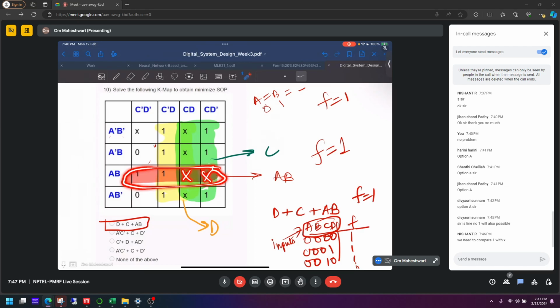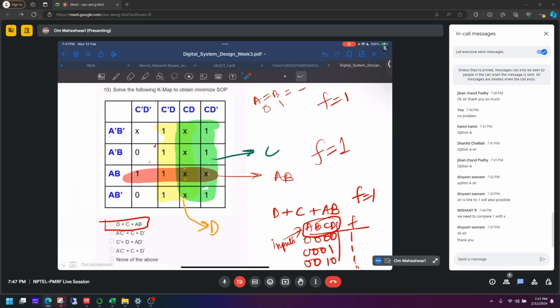But here all the ones are already covered, so we do not need to make this. It's just an extra additional term which is not required. So simply, don't care means you don't care about it, right? That's it.